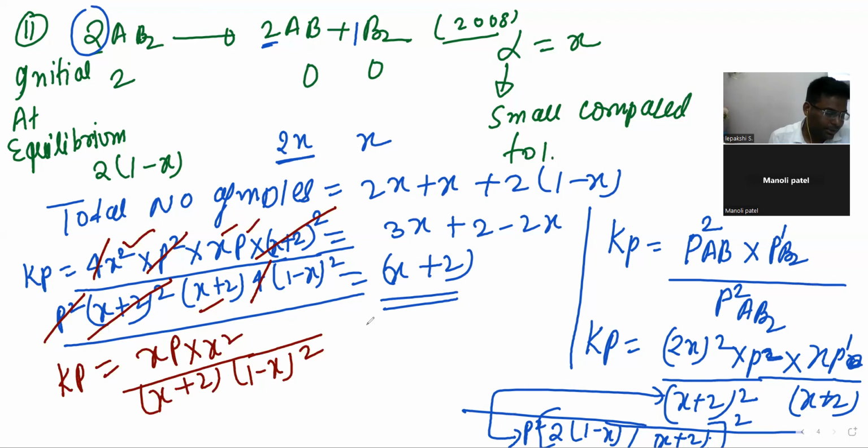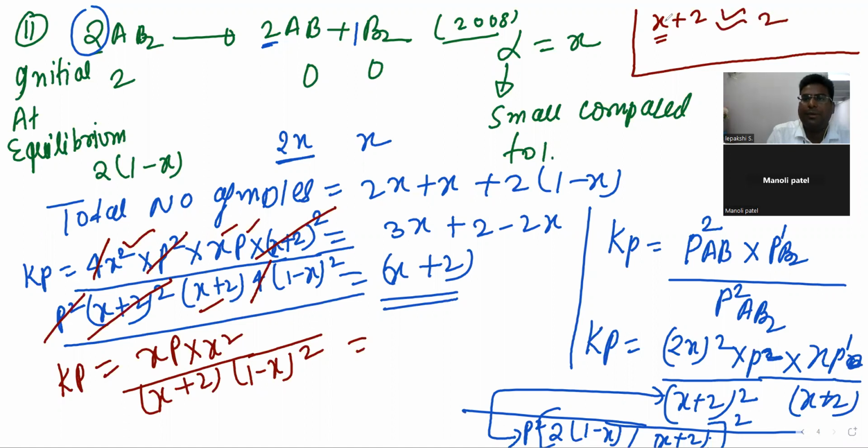Is it clear up to this point? Now see, I will assume something. As I have told earlier, alpha is very small. So when we consider x as 0, x plus 2 will be equal to 2. Similarly, 1 minus x will be equal to 1.